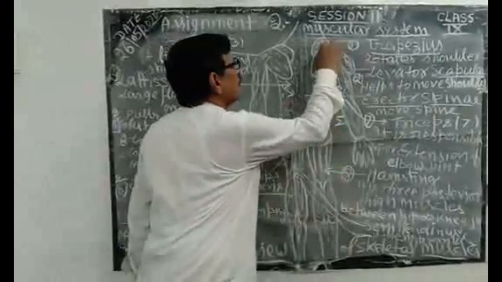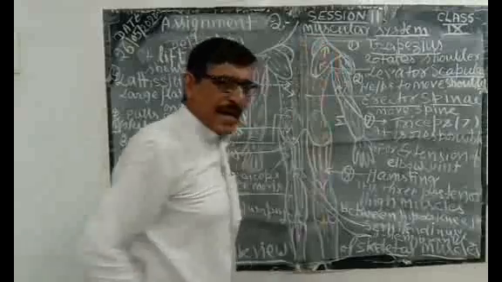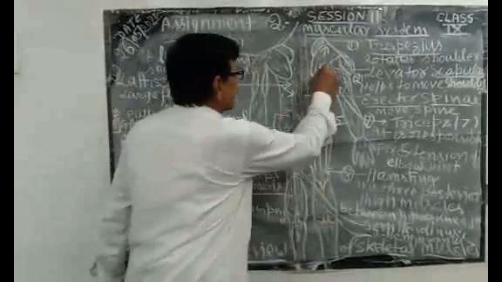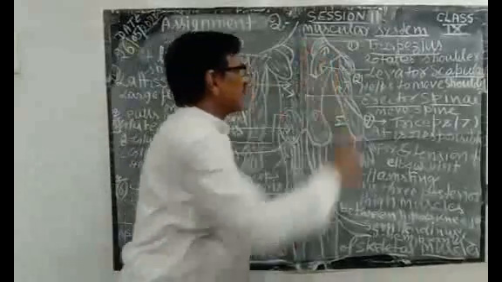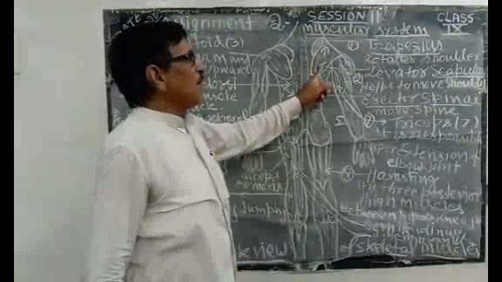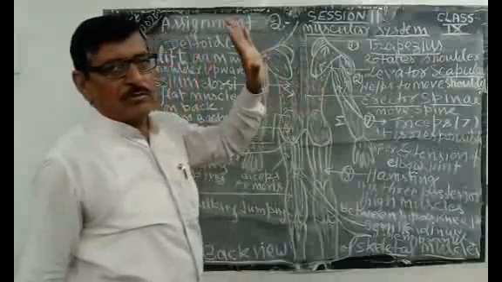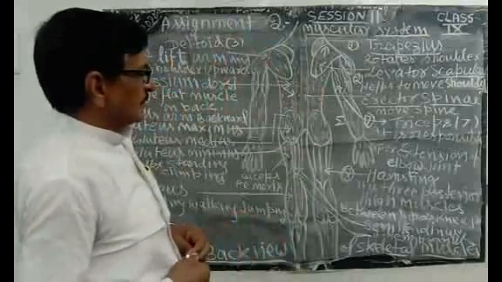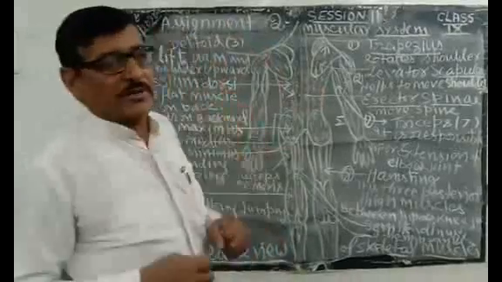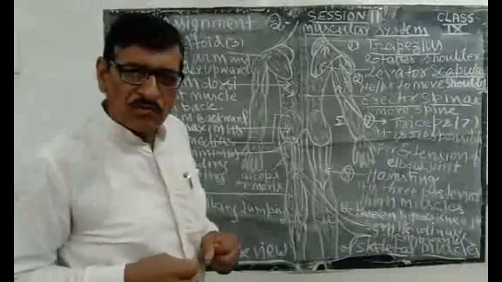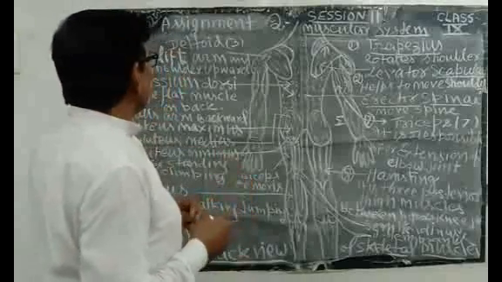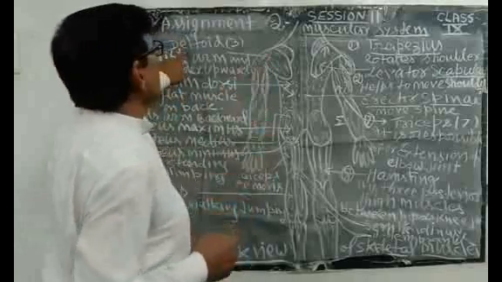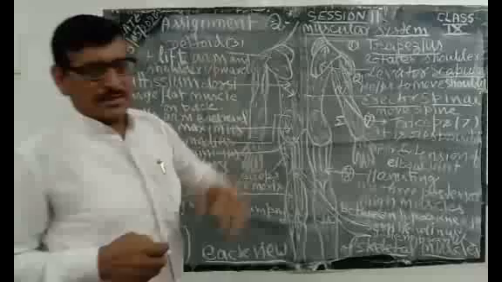First, superior direction: the scapula moves up, and in inferior direction, the scapula moves down. It helps to move the shoulders. Now, the third muscle of the shoulders will be the deltoid muscle.